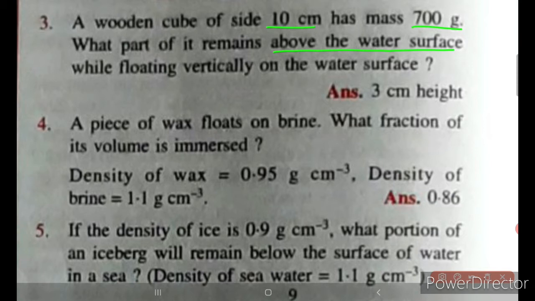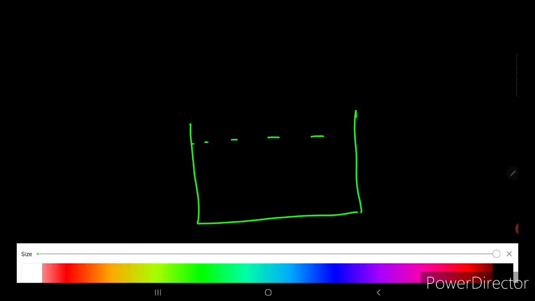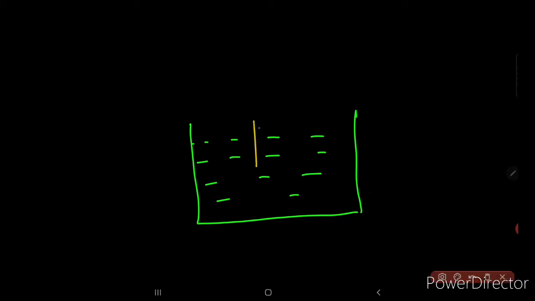So let's understand the question first. We have a condition where again there's a container. In the container we have some amount of water and there is a wooden block which is floating vertically.